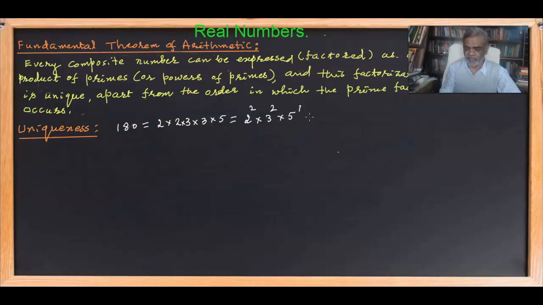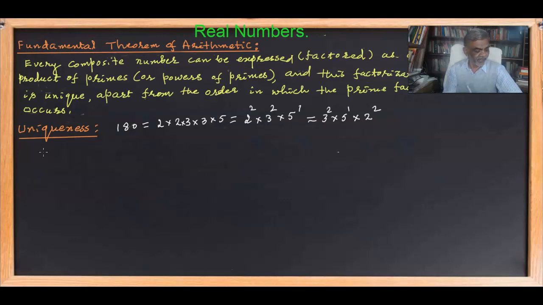This also can be written as 3 raised to 2 into 5 raised to 1 into 2 raised to 2. There is no change in the value of the given number, that is 180. 180 can be written just in a different order, but in a unique way.